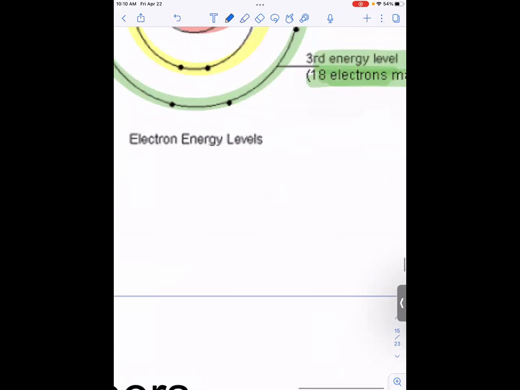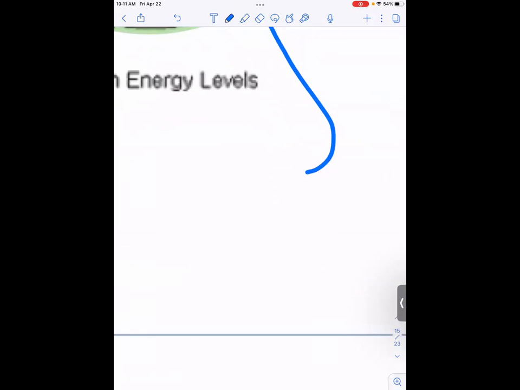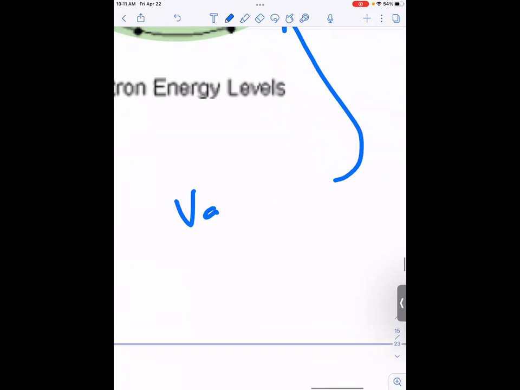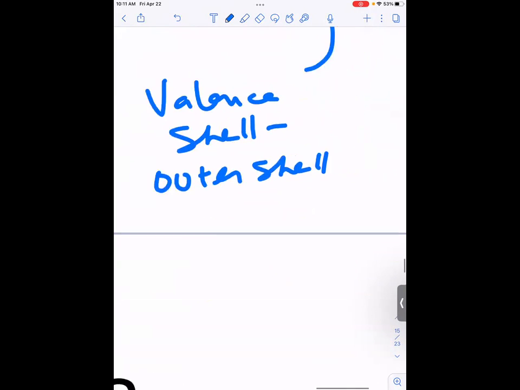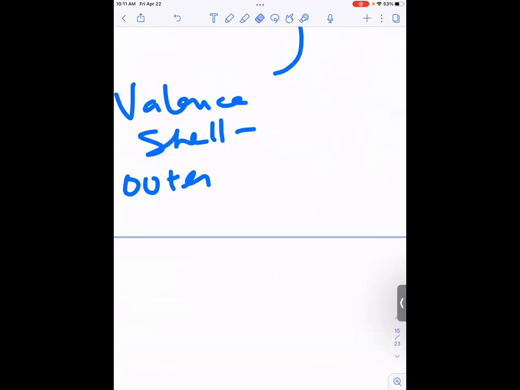So this, the very last shell, in this case, it's the third energy level. It could be any energy level, depending on the atom. But that very last shell is what we call the valence shell. We'll say it's the outer electron shell.